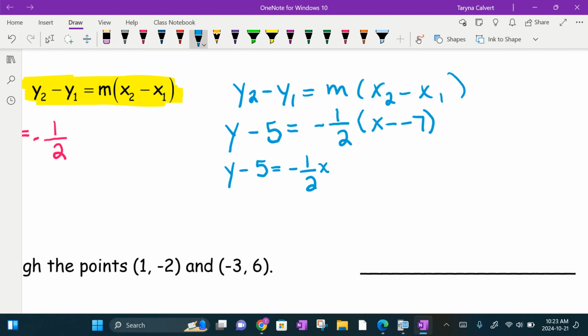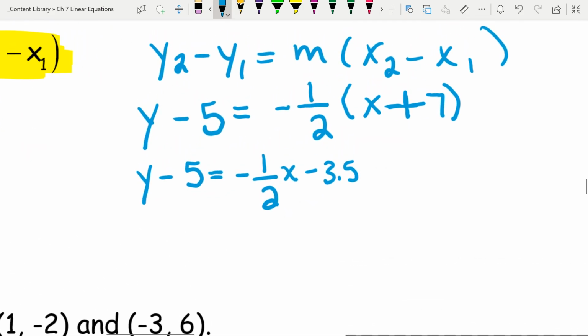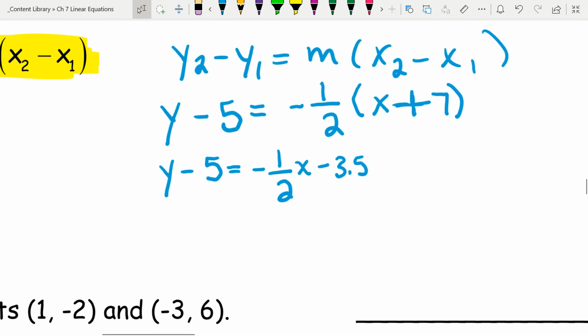So positive 7 times negative 1/2 is a negative what? You can do it as a decimal if you prefer. Negative 3.5. And again, if you don't like this, should that be changing to a plus? You guys all agree that that's a plus 7, not a minus, because two negatives make a positive.